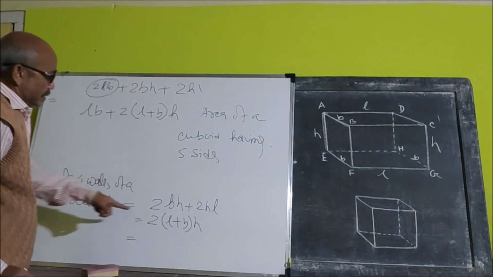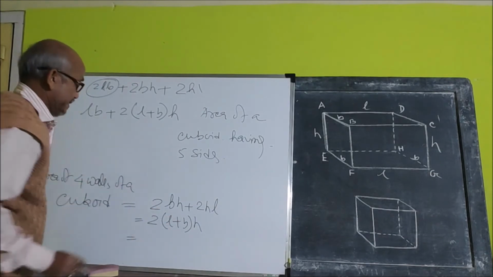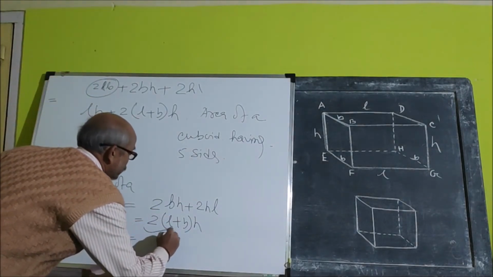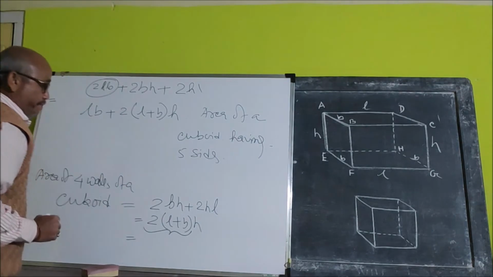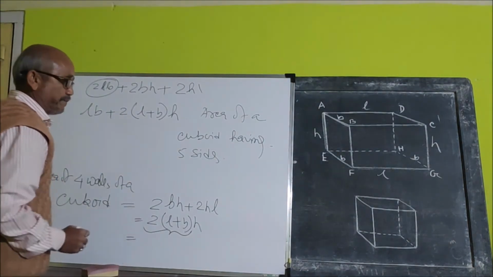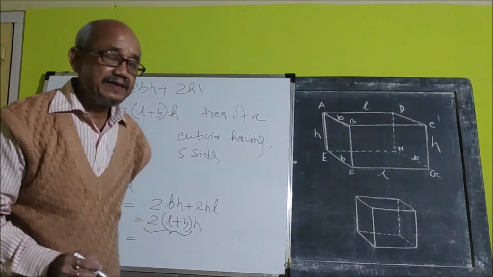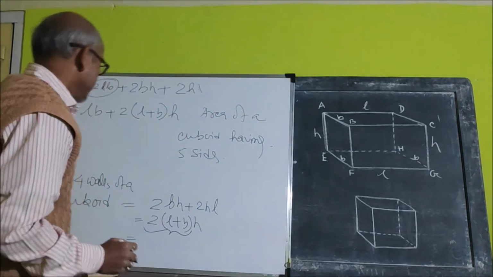Now this portion can be written as 2 into (L plus B), which is the perimeter of a rectangle.